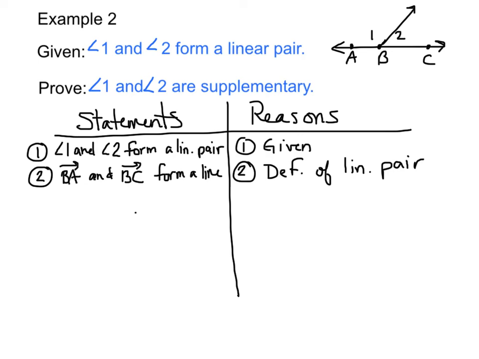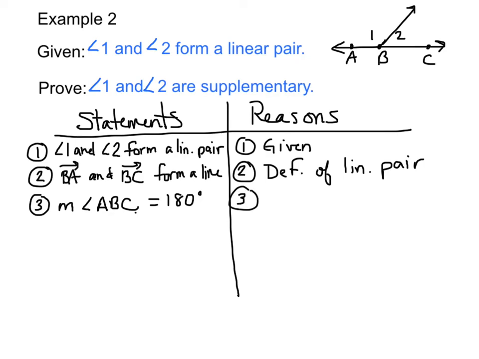Now, what do you know from a line? You go one step. It's like a chain event. One step to the next. It's linked together. Because you formed a line, what do we know about a line? We know about a line that the measure of angle ABC, which is a straight line, is 180 degrees. How do we know that?